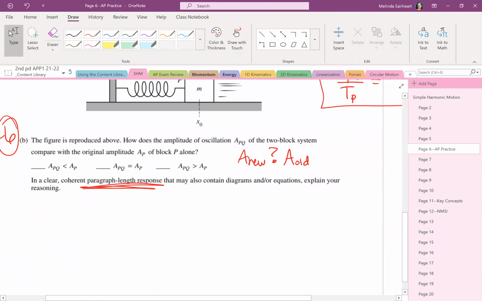So what's going on here when you drop the top block onto the bottom? There's a collision. So first we say, oh, there's a collision. And Miss Earhart taught me that when there's a collision, what big idea has to go through my head? Momentum, right? What kind of collision is it? We want that big topic idea of momentum going through our head.